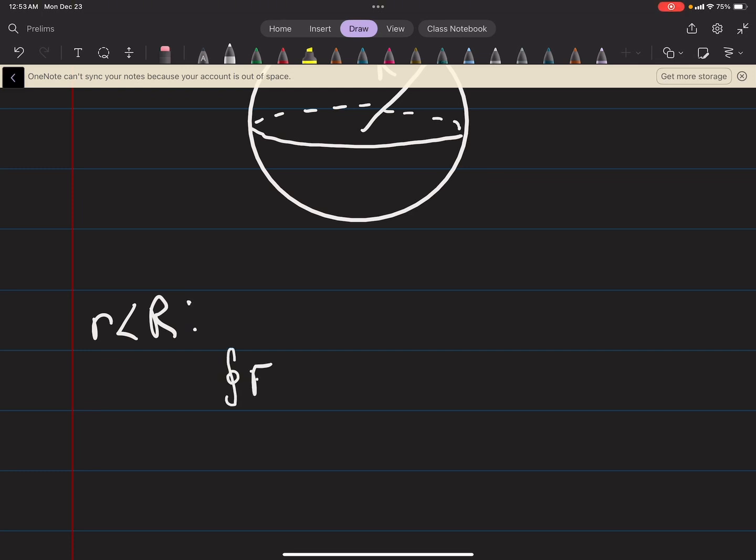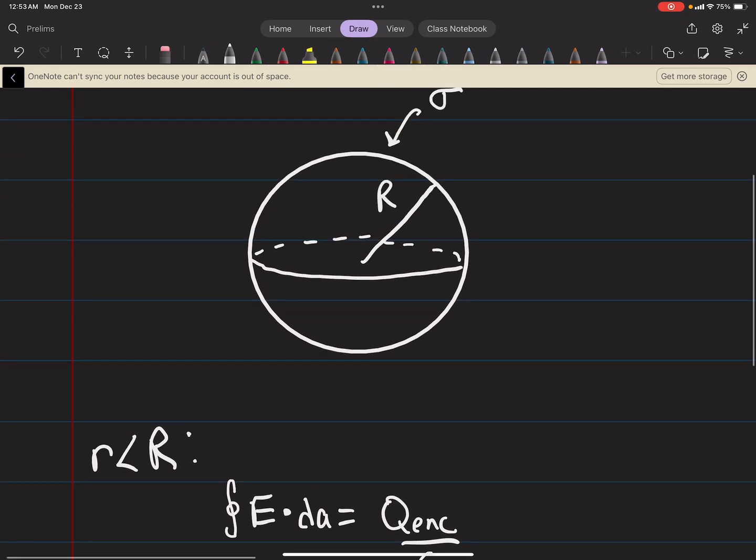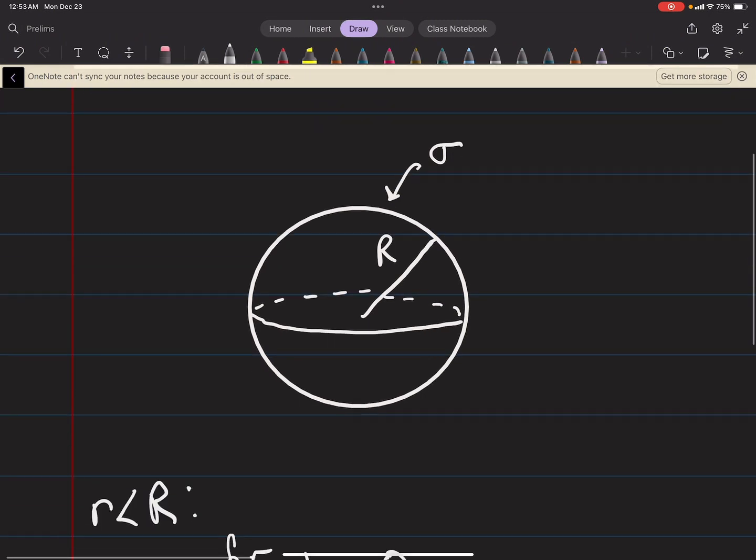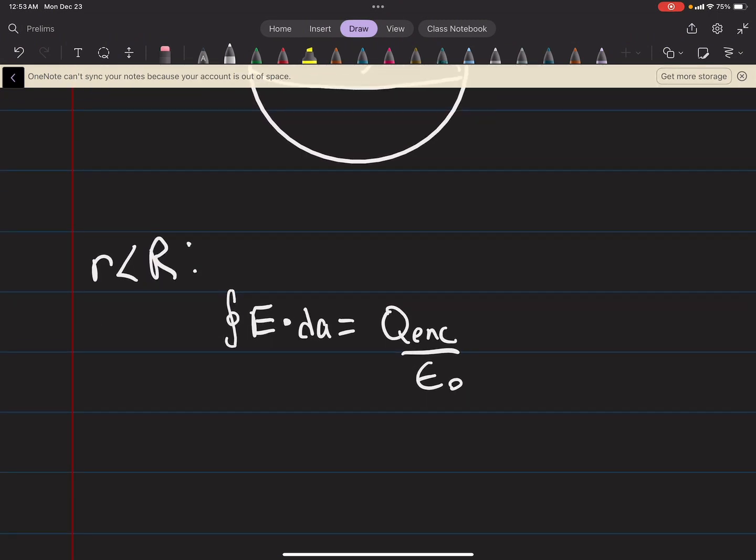So we have Gauss's law. And this is actually super easy because what charge is inside? And the answer is there is none. There's charge on the surface, smeared on the surface of the sphere, but there's no actual charge inside the sphere when you're looking at a radius less than big R. So the enclosed charge is just 0.